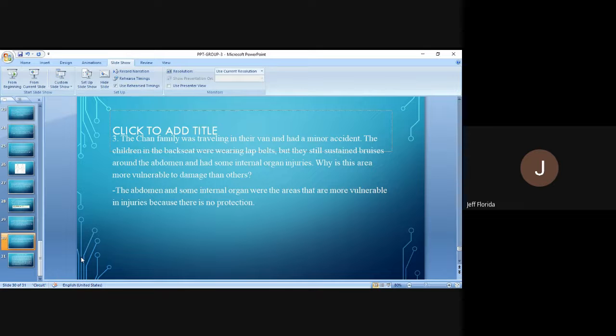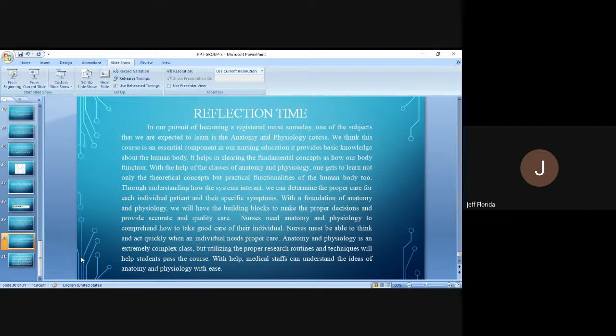Why is this area more vulnerable to damage than others? Our answer for this question is that the abdomen and some internal organs are more vulnerable to injuries because there is no protection. That's all.